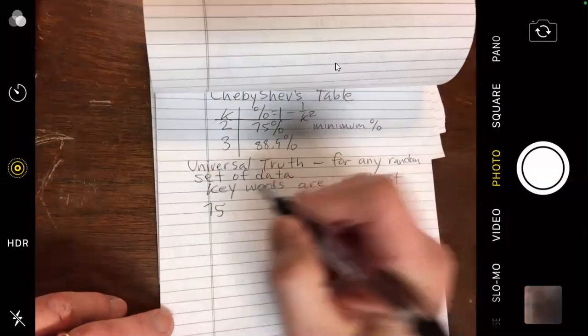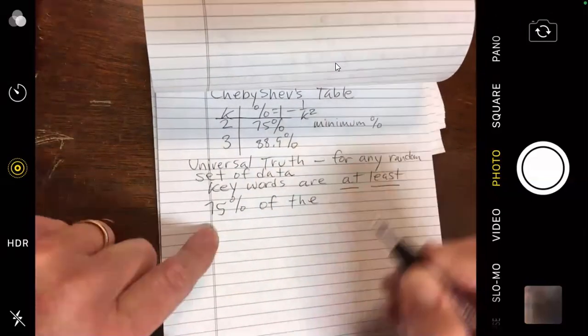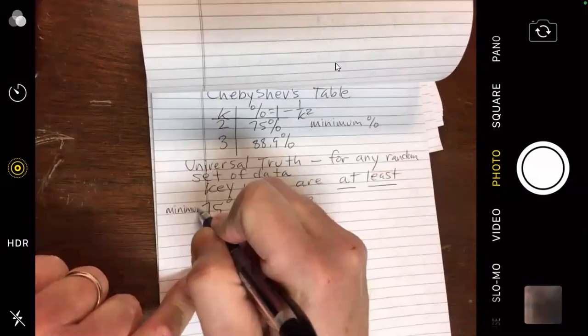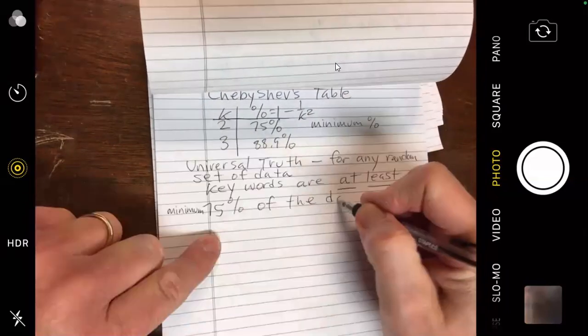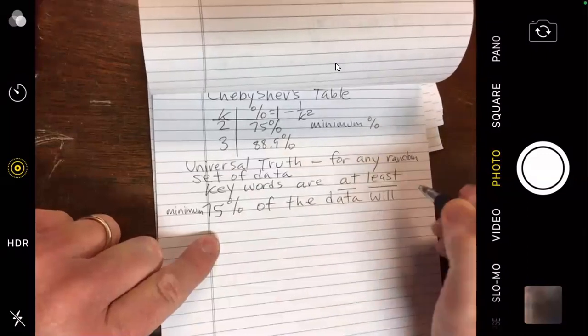At least 75% of the data, minimum, will lie within 2 standard deviations of the mean. He figured this out. It is a universal truth, just like pi, just like e.